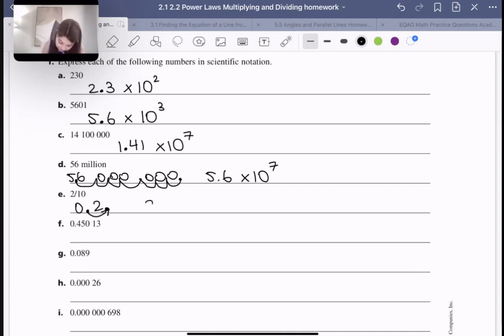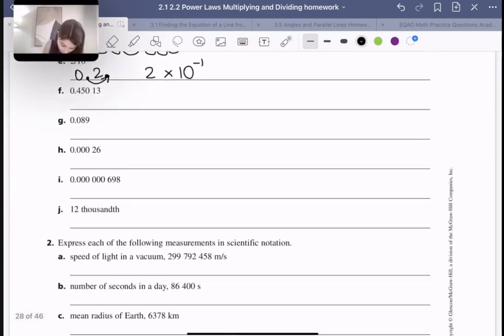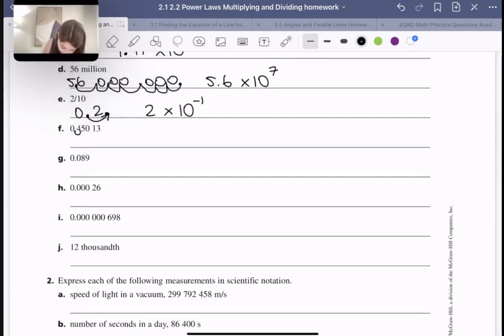And every time we do that, we must multiply by 10 to the negative 1. We must subtract 1 from the exponent of 10. So therefore, it would be 10 to the power of negative 1. Same thing with this example here. We only need to move the decimal point over one place to get 4.5013 times 10 to the negative 1. So we just moved it over once, so just 10 to the negative 1.